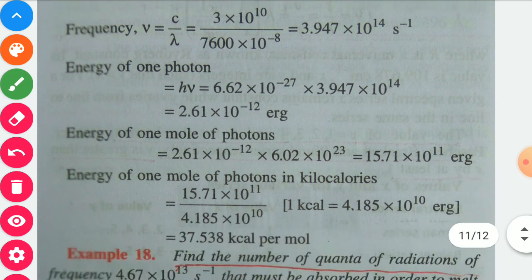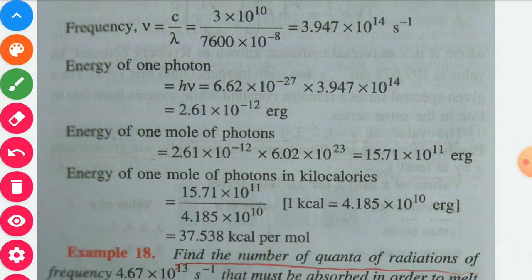Now the energy of one mole of photons in kilocalorie: it will be 15.71 into 10 power 11 upon 4.185 into 10 power 10, because 1 kilocalorie is equal to 4.185 into 10 power 10 erg. So it will be equal to 37.538 kilocalorie per mole.